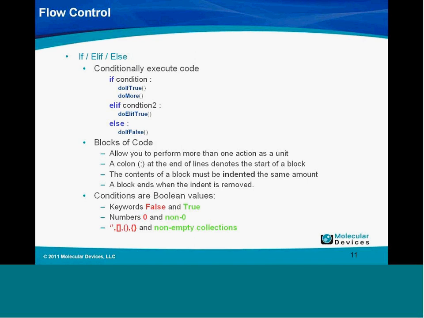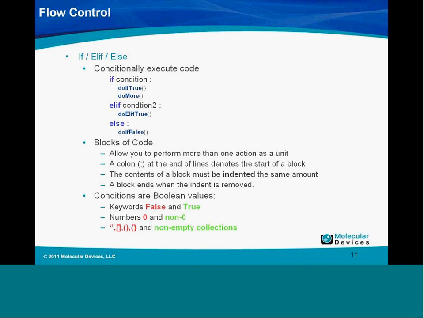Flow control. So also when you're working with scripts, you're going to want to choose a path to occur. If my measurement is less than 5, change my exposure time and retake those images, for instance. So you would do that with an if, elif, else structure. An if will conditionally execute code.